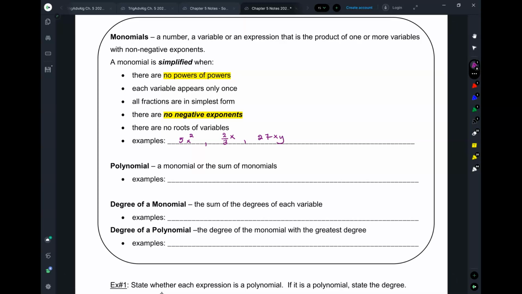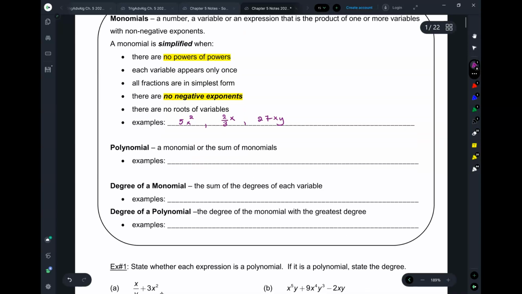But basically simplified means no negative exponents. With i's, I mean, that's not simplified because they're roots. No, i's are okay. But we're not going to have them as coefficients anyway.